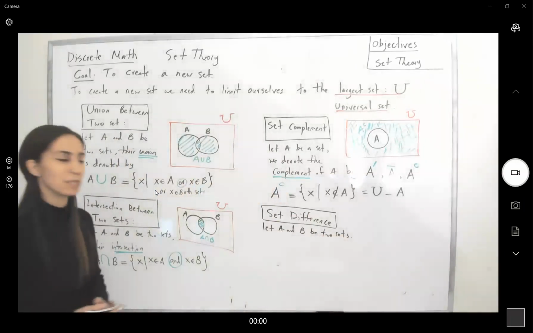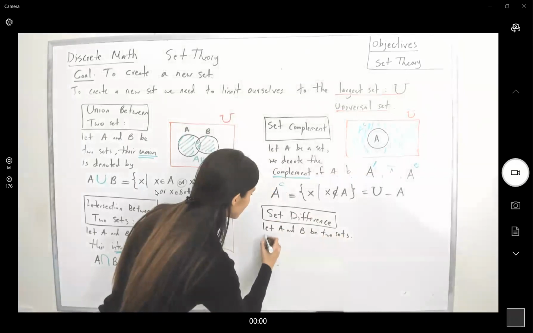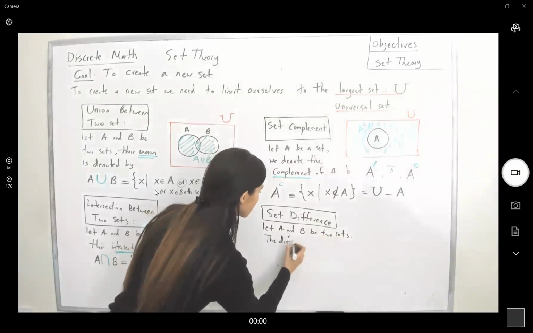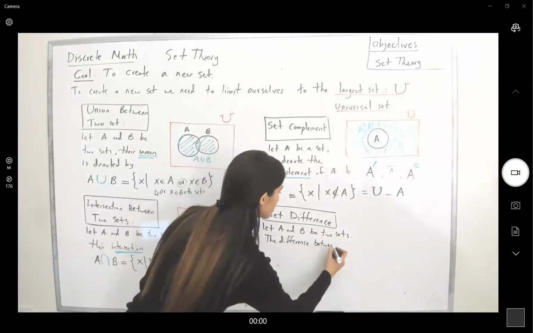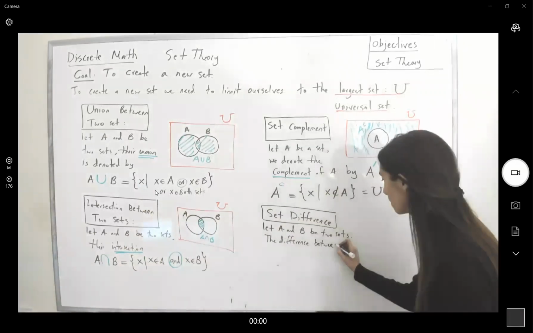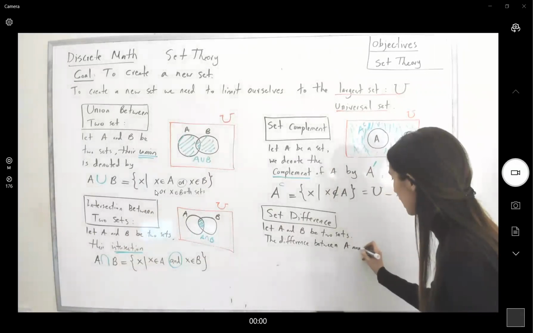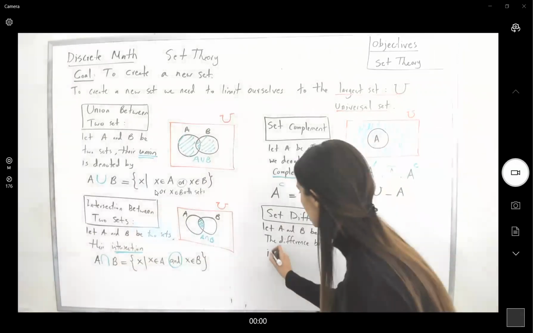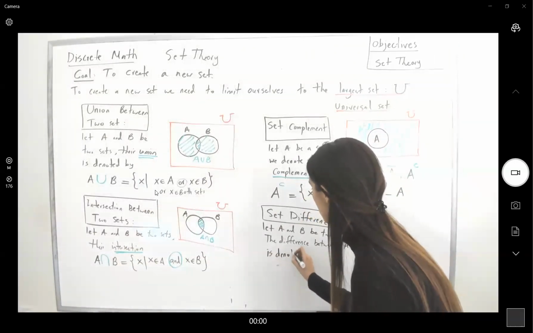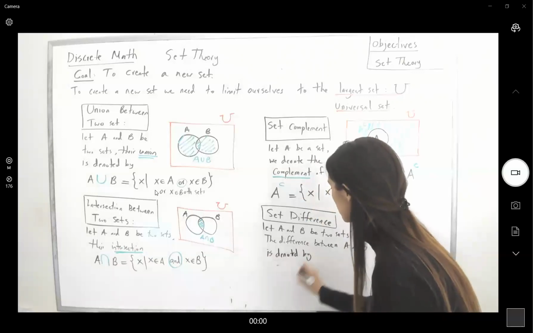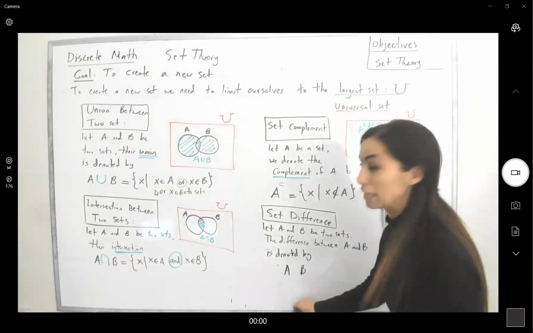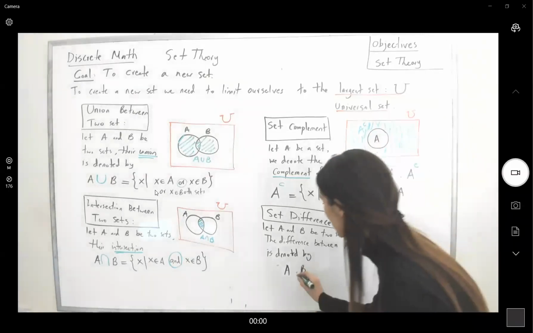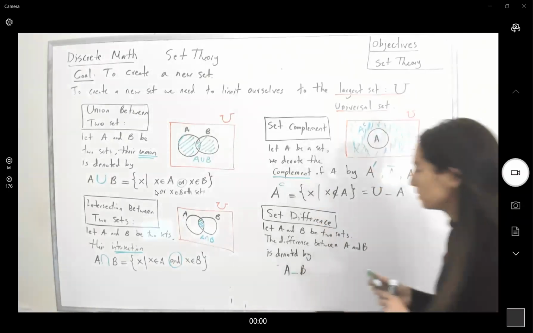The difference between A and B is denoted by A minus B. So set difference, the difference between A and B, A minus B.